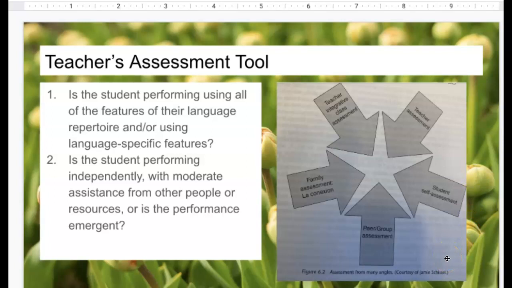You could use the ACTFL can-do descriptors, the ACTFL proficiency standards, and the WIDA can-do descriptors to help you figure out where they are in their language proficiency levels. And that will help you to develop different types of assessments that can help show what they really can do. All of that is really, really important to get a full picture of what the students can do.